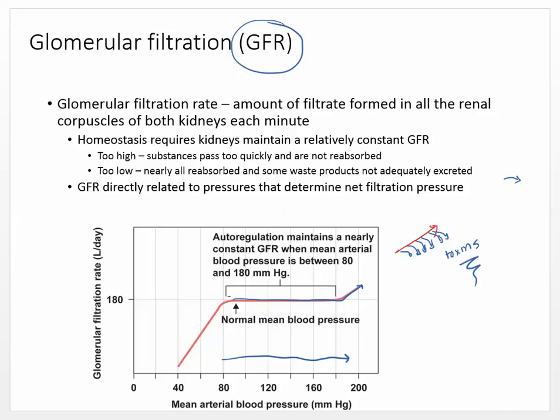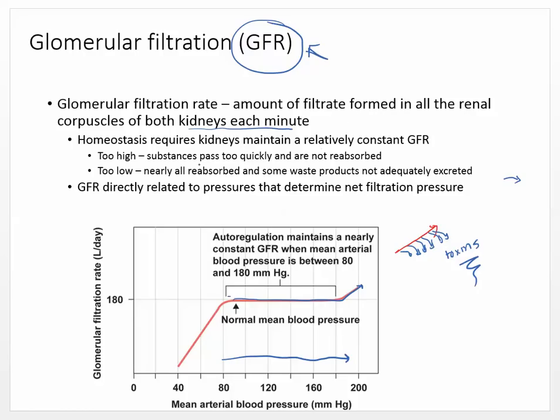And guess what? That's done through the afferent and the efferent arteriole. They have smooth muscle. They can let more in, or they can keep some from coming in. Okay, so glomerular filtration rate, that's the amount of filtrate formed in all the renal corpuscles, being the glomerulus and the Bowman's capsule together, of both kidneys each minute. So that's what our GFR is, and you're going to hear a lot about GFR.